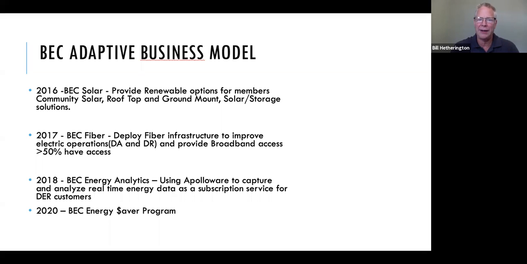So we decided to get out in front of it, design and operate and build an offer for our members, rooftop and ground mount solar based on their load profiles to ensure that they were sized correctly. A lot of times contractors will want to oversize. They'll sell you glass. That's what they're in business to do. But that is not necessarily the most economical for our customer.